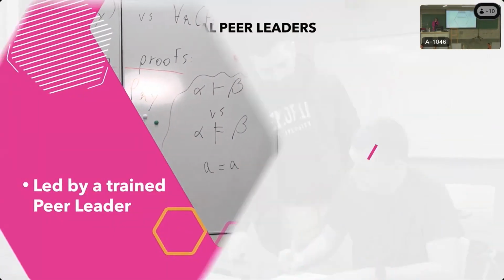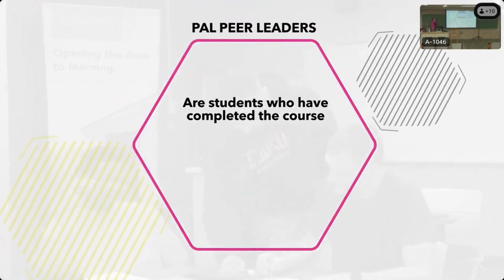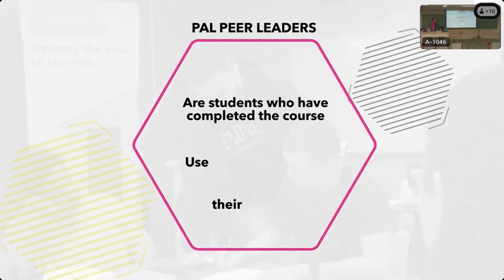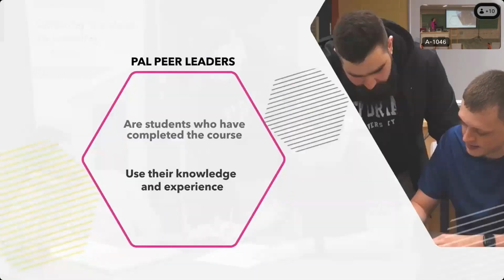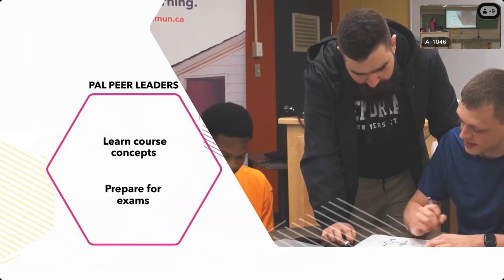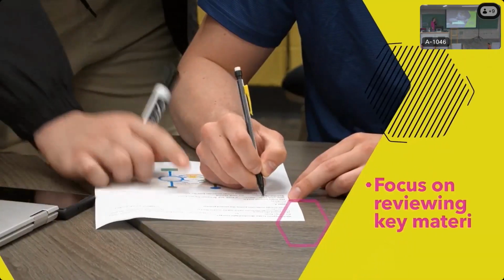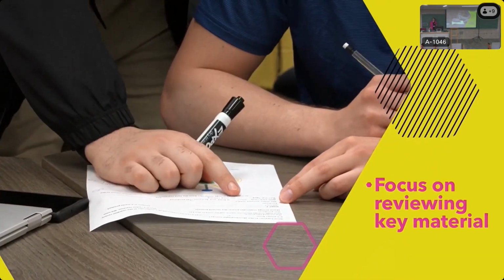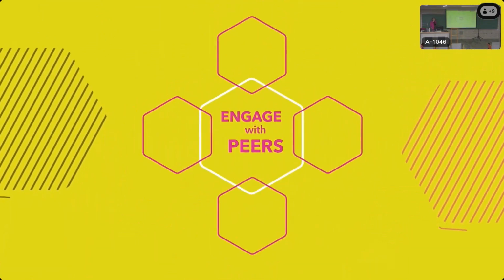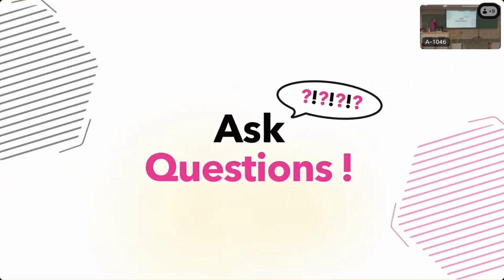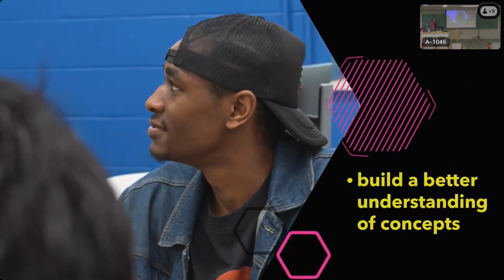PAL peer leaders are students who have successfully completed the course. They use their previous experience to create sessions that help students learn course concepts and prepare for exams. PAL sessions are informal, interactive, and focus on extra review of key material. Students can engage with the material and their peers, ask questions, and build a better understanding of course concepts.